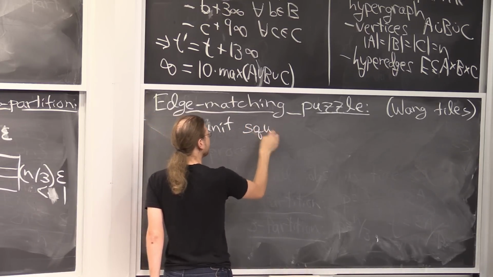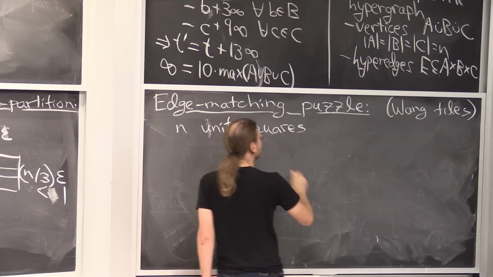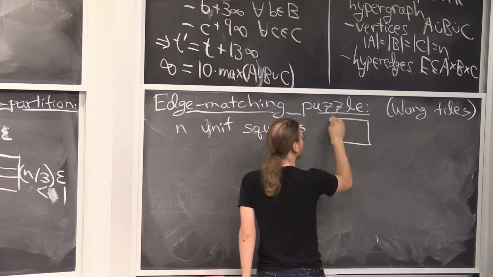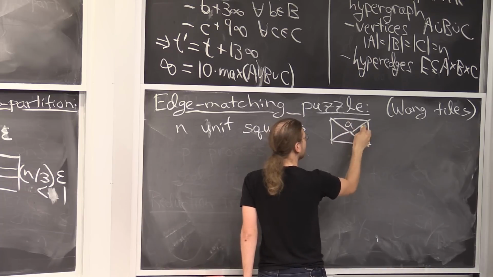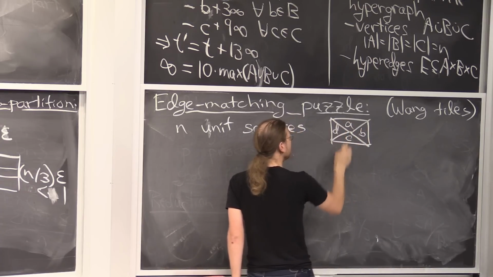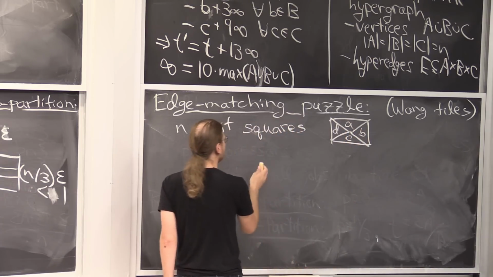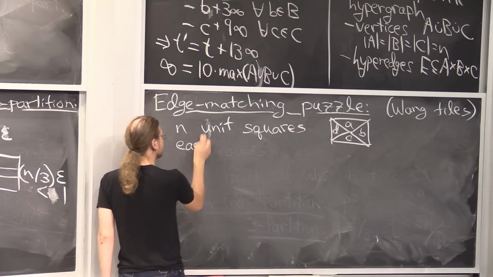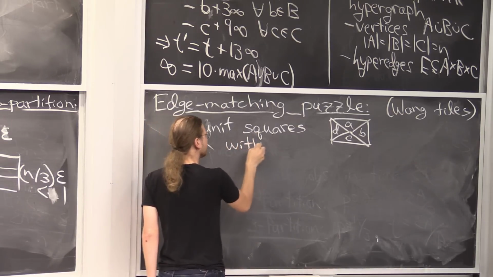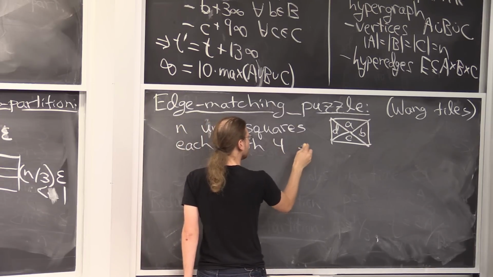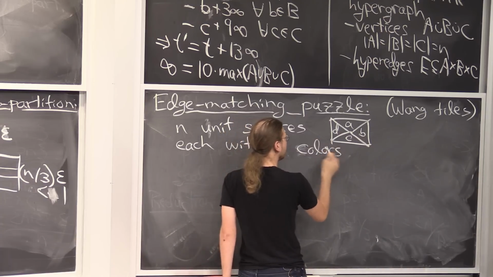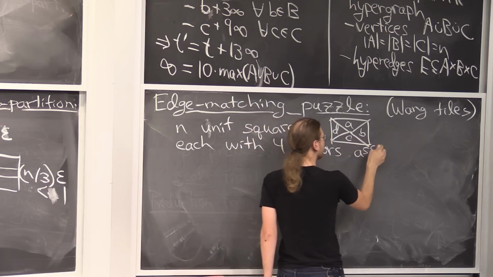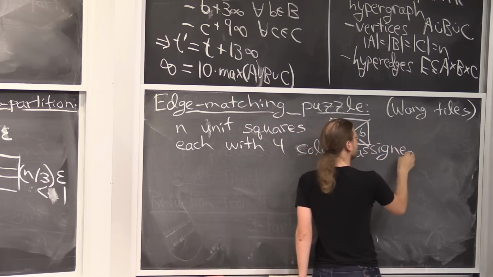Those are called the tiles. Each one has 4 colors, A, B, C, D, one color per edge.